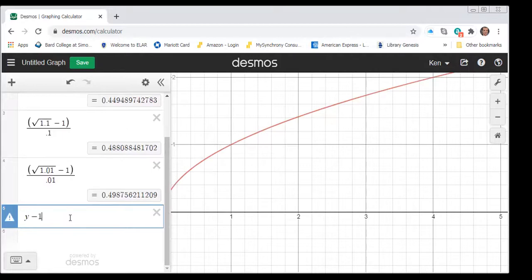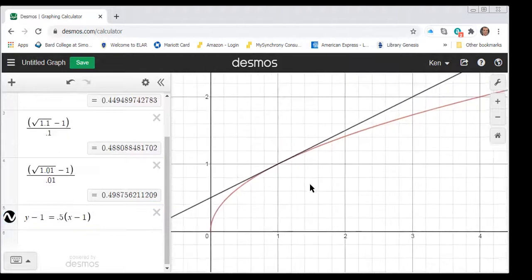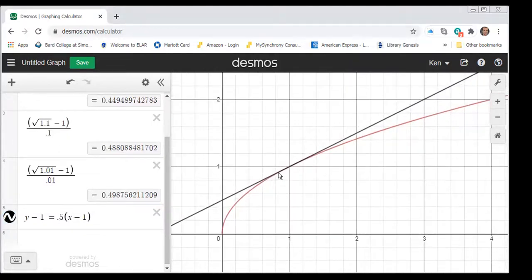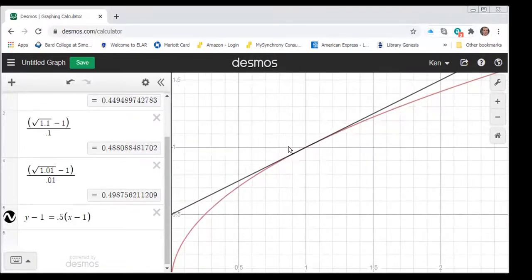Like y minus 1 equals the slope times x minus 1. So the slope of this line is the instantaneous rate of change, and it's what we call a tangent line. It lies tangent to the curve at x equals 1. So it does appear that 0.5 was the correct slope.